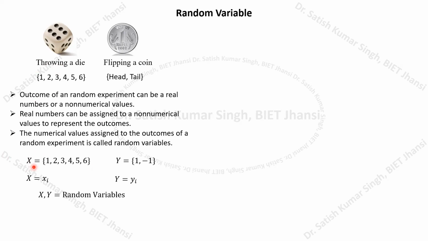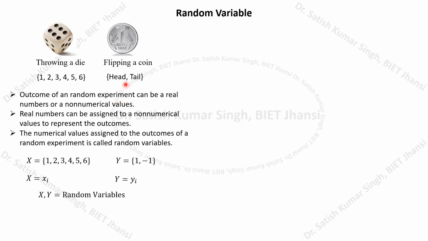What are those values? This can be 1, 2, 3, 4, 5, 6. So there is a certain range between 1 to 6, and it can take any value from this range. There is a finite number of values it is going to take.